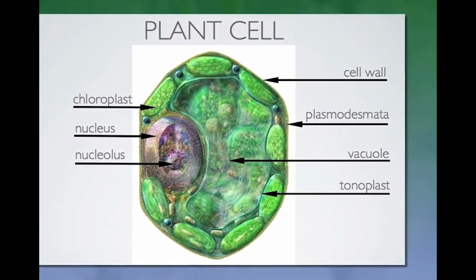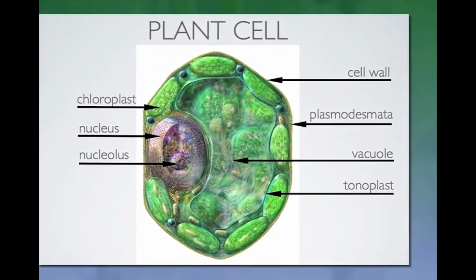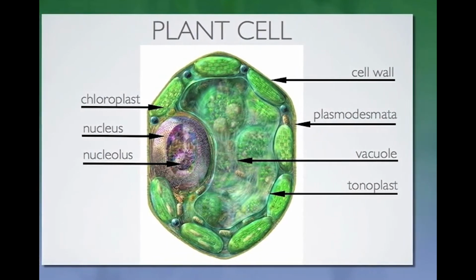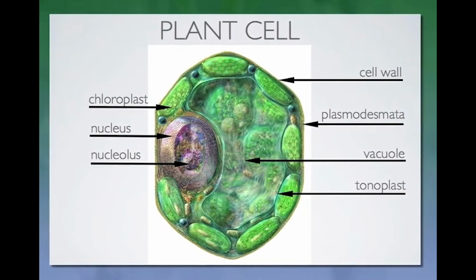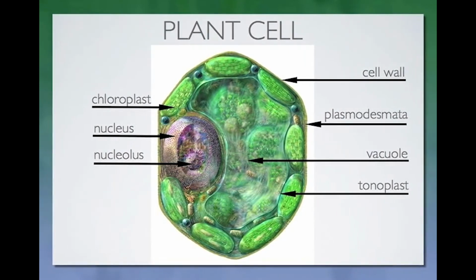Otherwise, organelles like the mitochondria, the endoplasmic reticulum, the lysosomes, the peroxisomes, which destroy peroxides and other free radicals that enter the cell, the cytoplasm, the nucleus, the nucleolus, all these are common to both plant and animal cells.